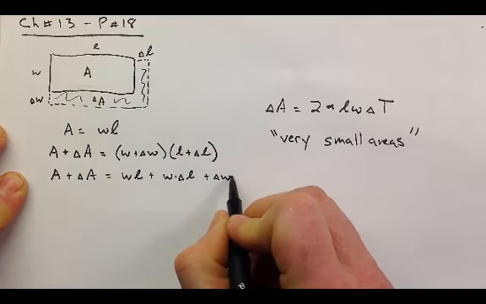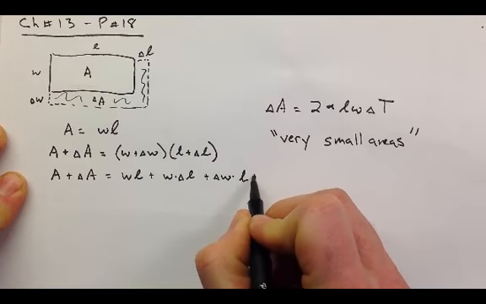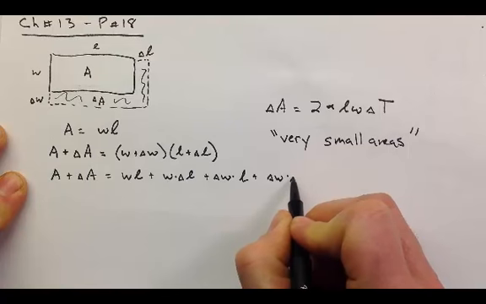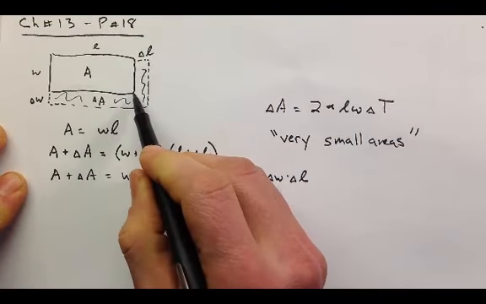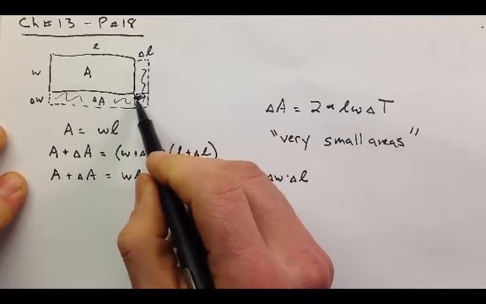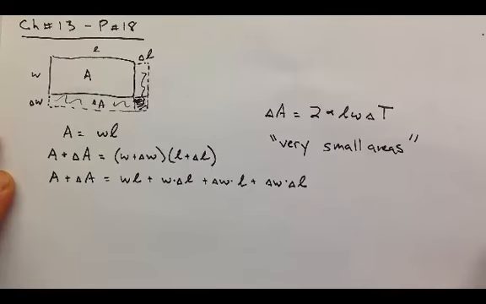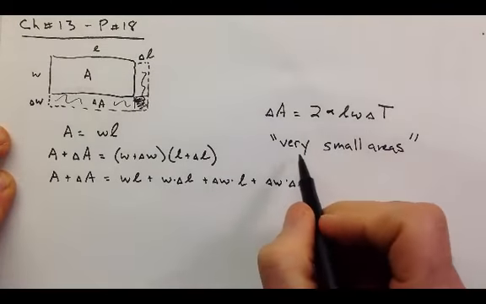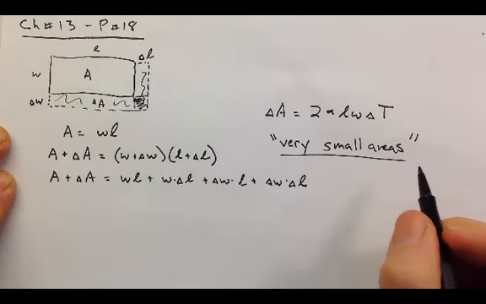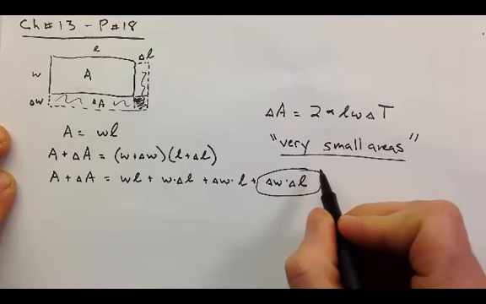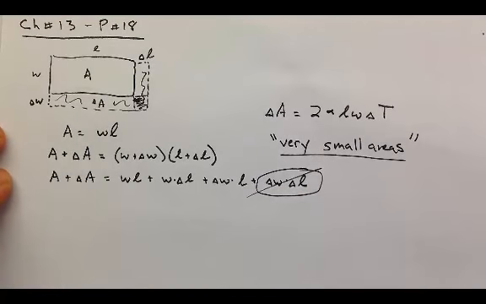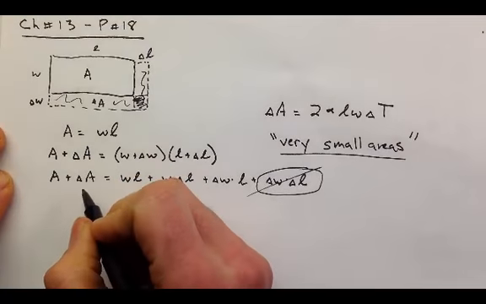Plus delta W times L plus delta W times delta L. Now, in the world of physics here, if you have a very, very small quantity times a very, very small quantity, that quantity itself is very, very small. So what the hint the problem gives us here is this is something that can probably be neglected. So let's get rid of that.